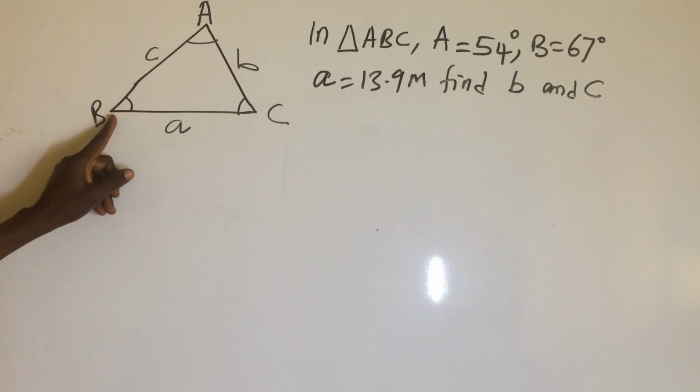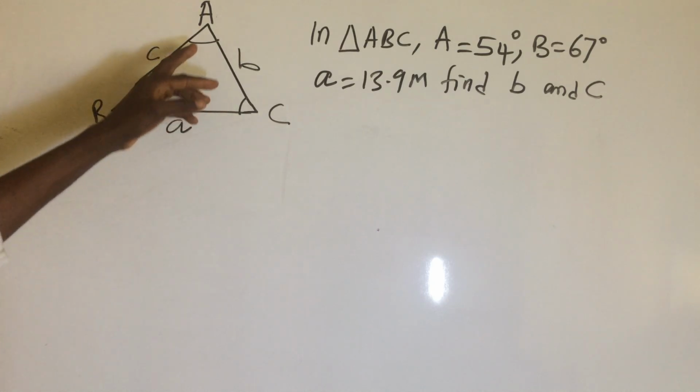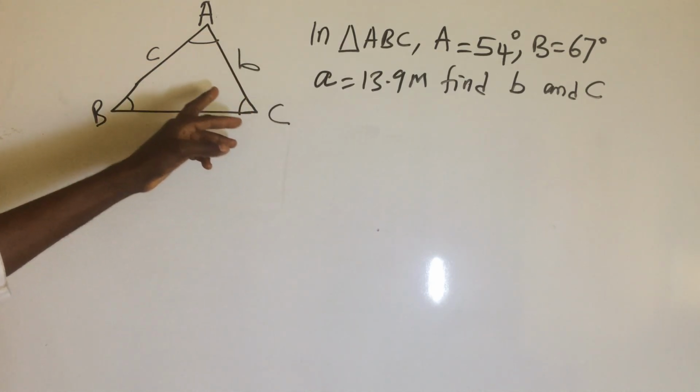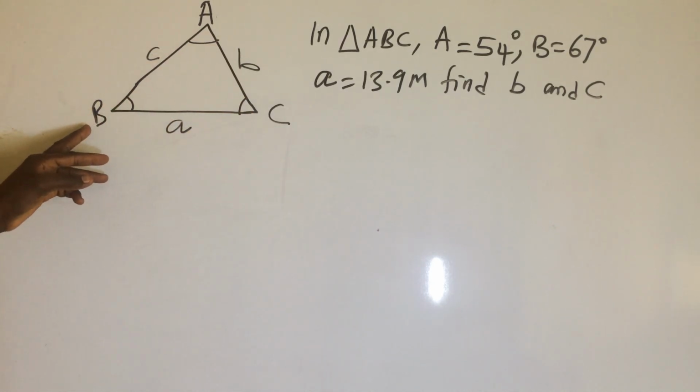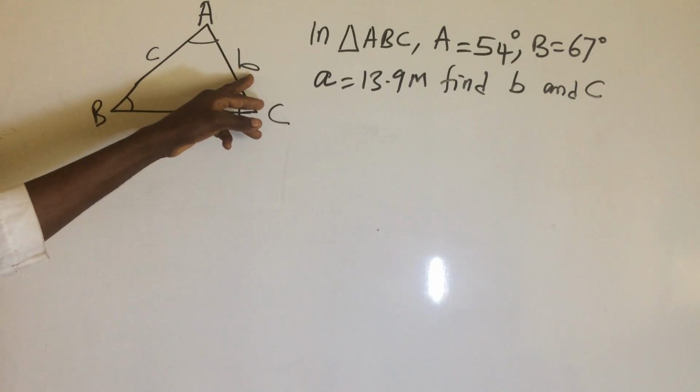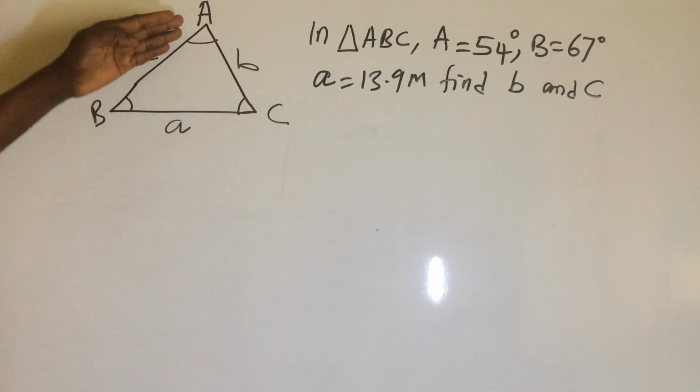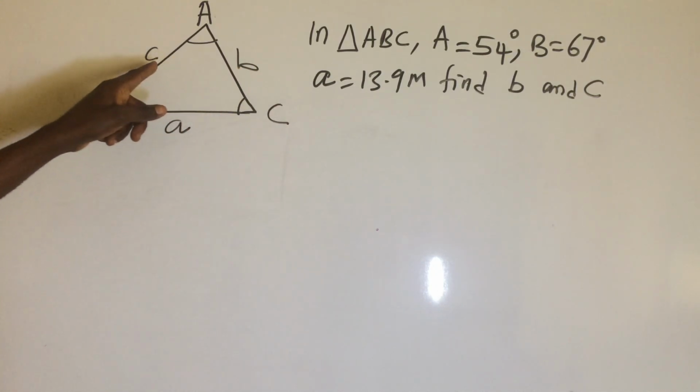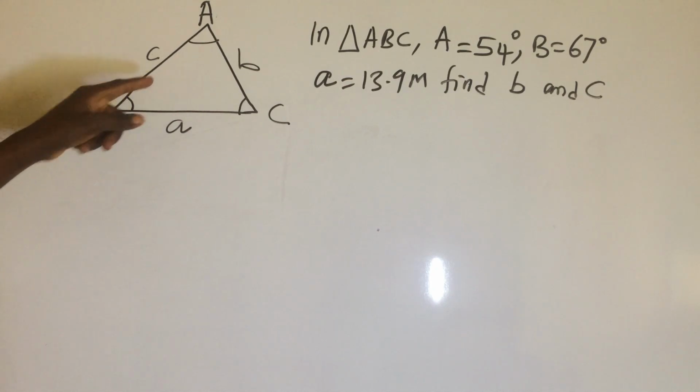Then this side that is facing angle B, we represent with small letter b. Then this side that is facing C, we represent too with small letter c.